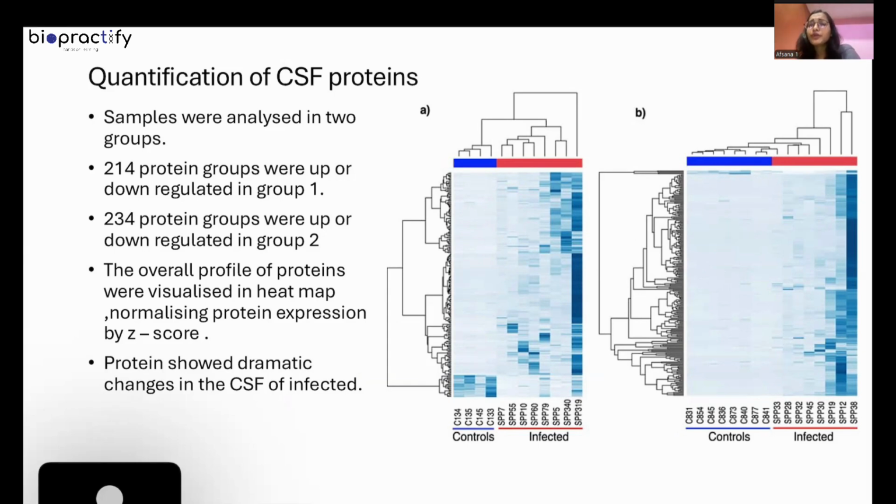The overall profile of proteins was visualized in heat maps, normalizing protein expression by the Z score. In the figure, it can be easily seen that in the infected samples, the number of proteins is way higher as compared to the controls.